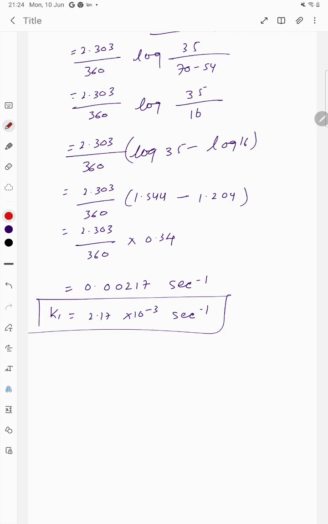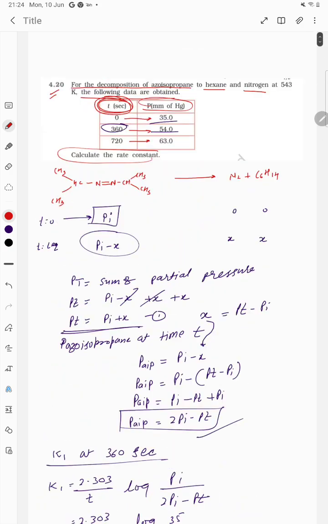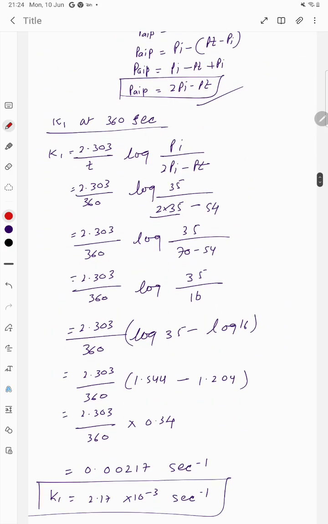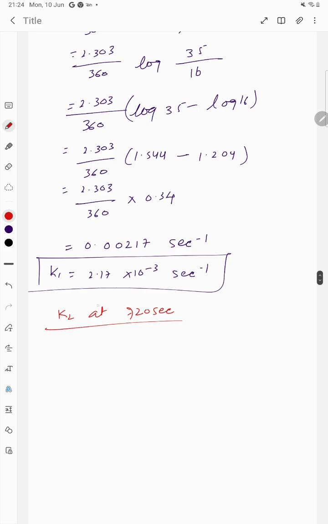Now we can calculate K2 also, at 720 seconds, because here they have given another data point. K2 is equal to 2.303 upon t, log Pi upon 2Pi minus Pt.